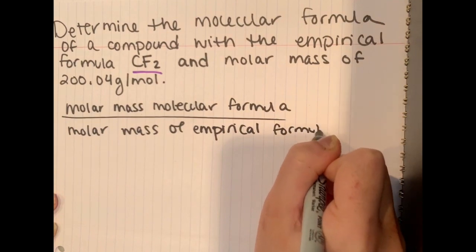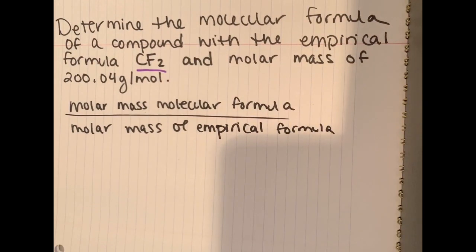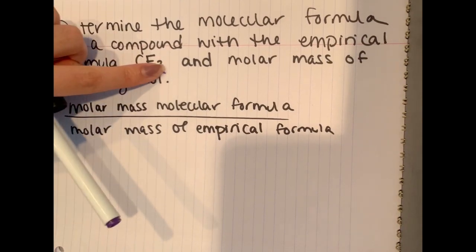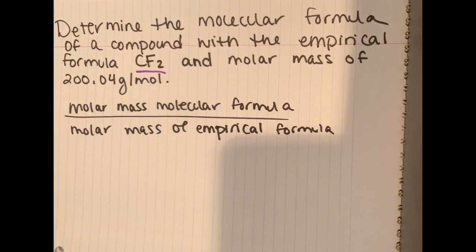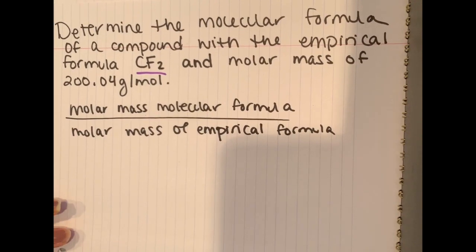Sorry, I can't spell. Okay. And whatever number you get, you multiply all the subscripts in the compound by that number. So you'll get what I mean in a sec.